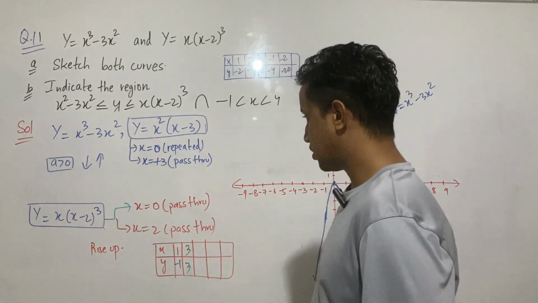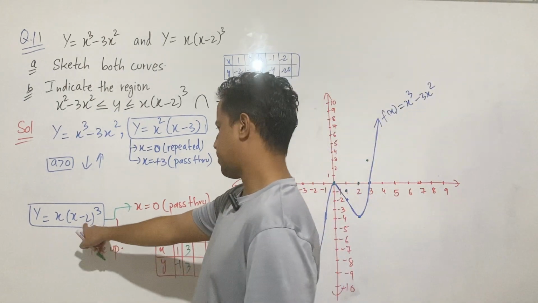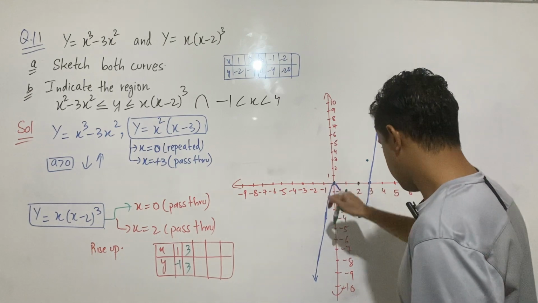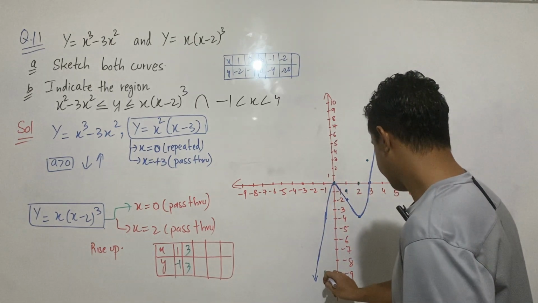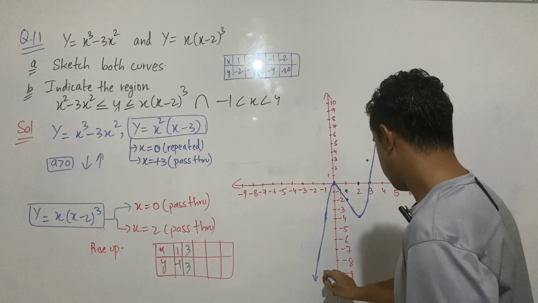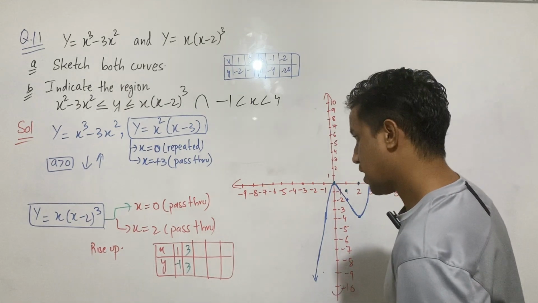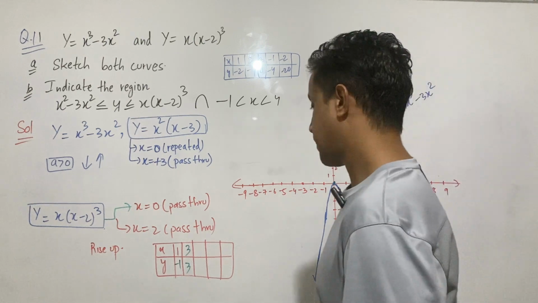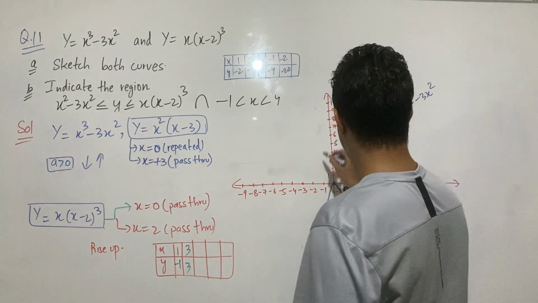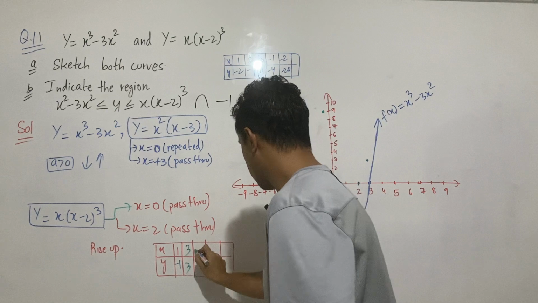For minus 1, it's going to be minus 27, so minus 1, 9 here, right?